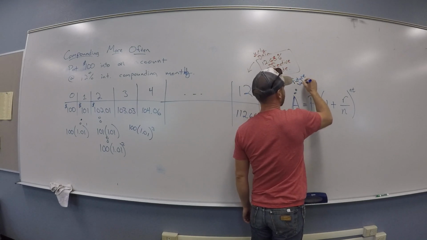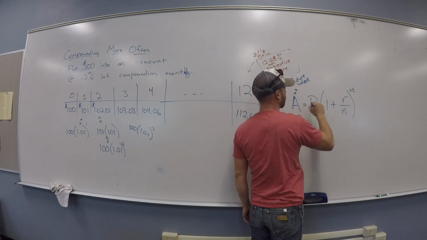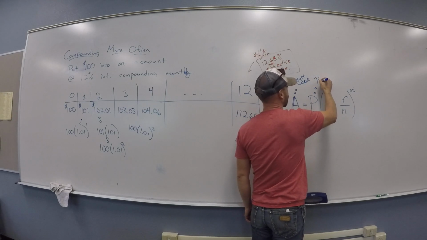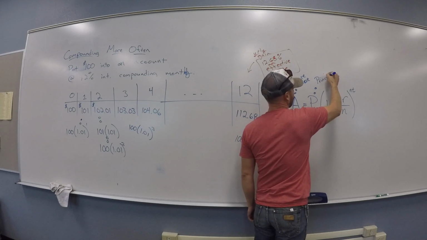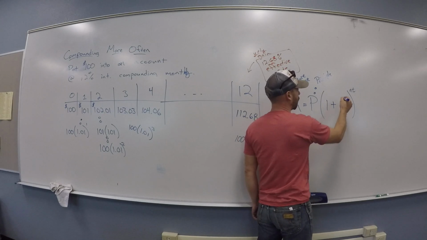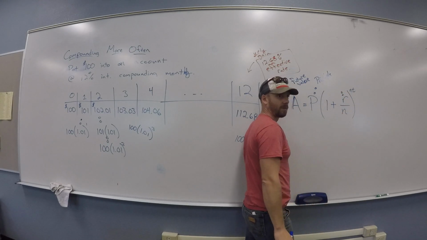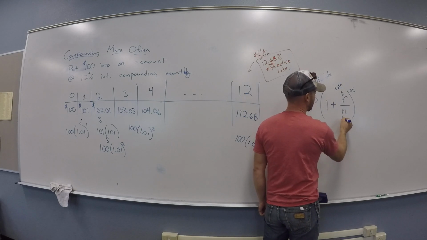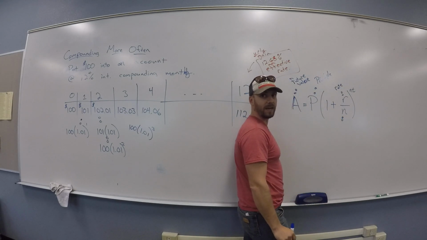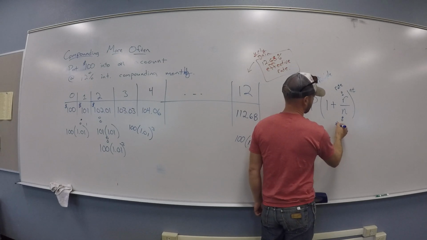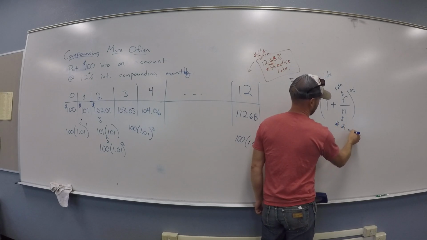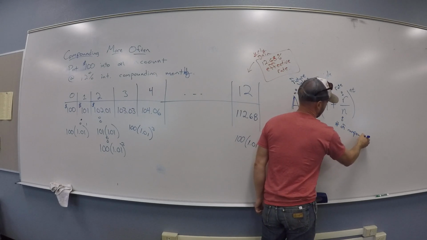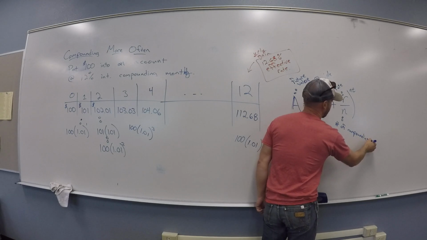So you have a future value, that's A. P is the principal. R is the rate. N is the number of compoundings in a year.